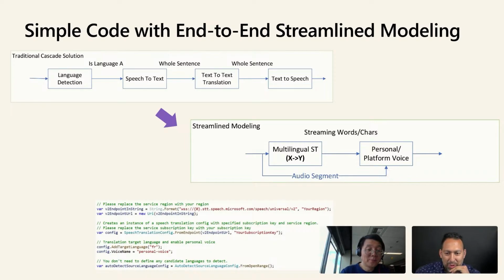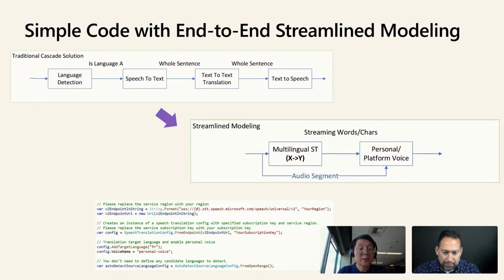Yeah, this is cool because I'm looking at this and now I'm starting to get a sense for why it's faster. In the first diagram, you have language detection, speech to text, text to text, and then text to speech. You've made a single model do that job, but then you've added another model for personalization that works at the same time, so you get these things happening in parallel, so to speak.